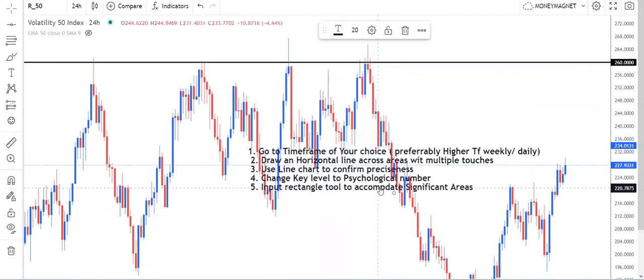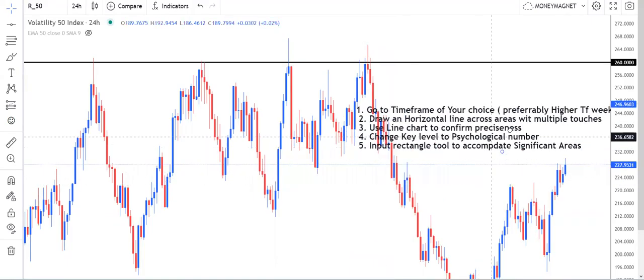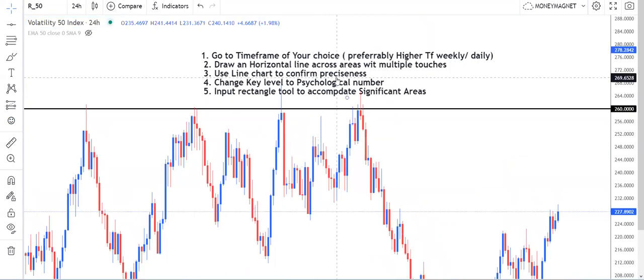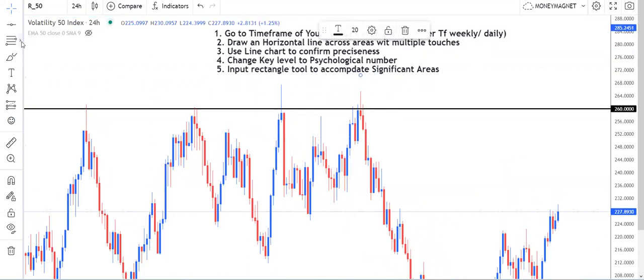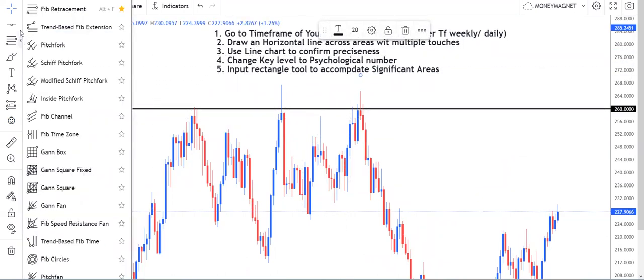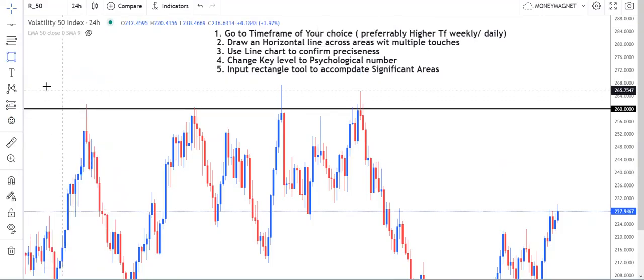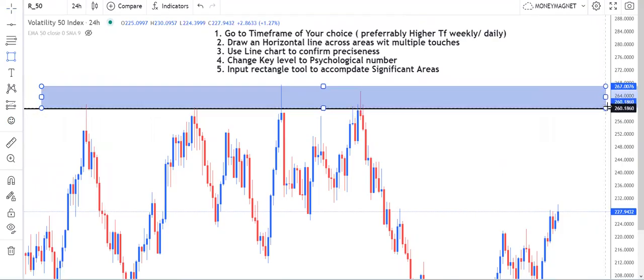And then the last on the list here says, impute a rectangle to accommodate the significant areas. So quickly we'll come in here and introduce my rectangle tool.